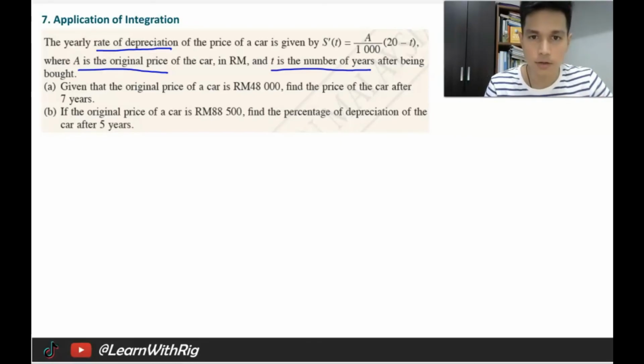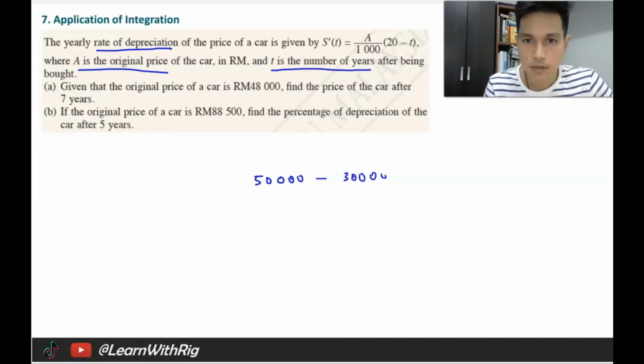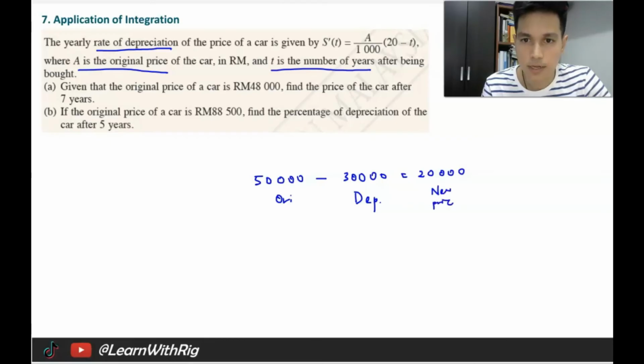Like the example just now, 50k minus the 30k, where 30k is the depreciation. This is the original price minus the depreciation. You will get the new price of the car, the new value, so 20k. This is the latest price, which is much lower.